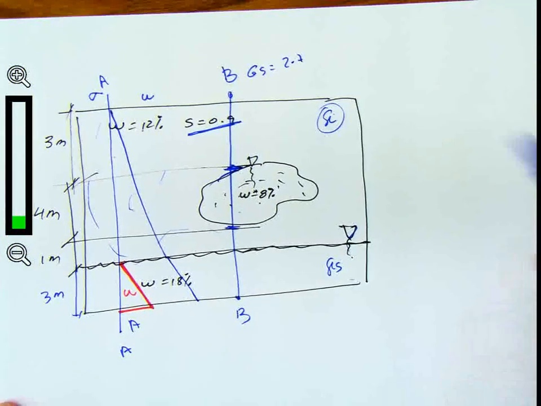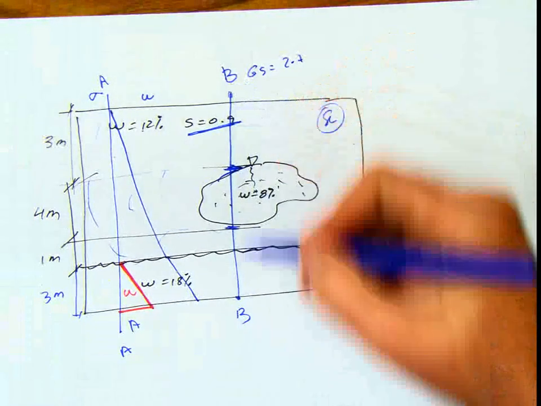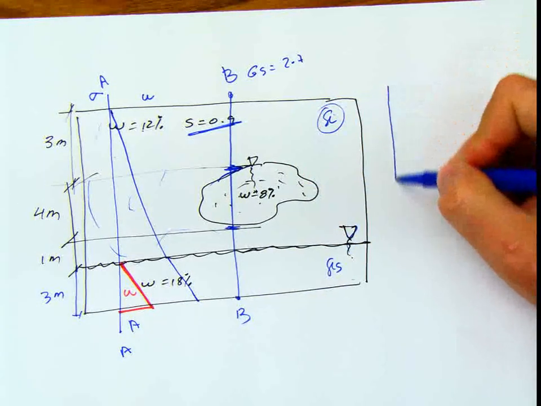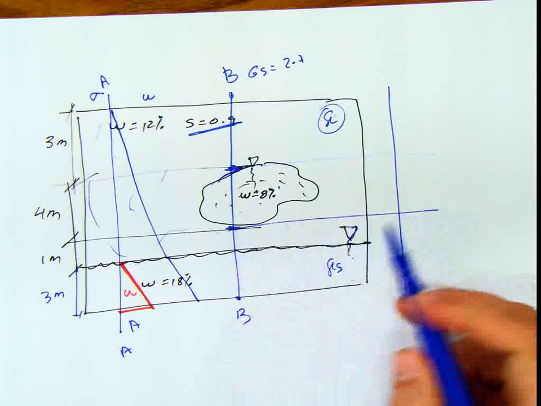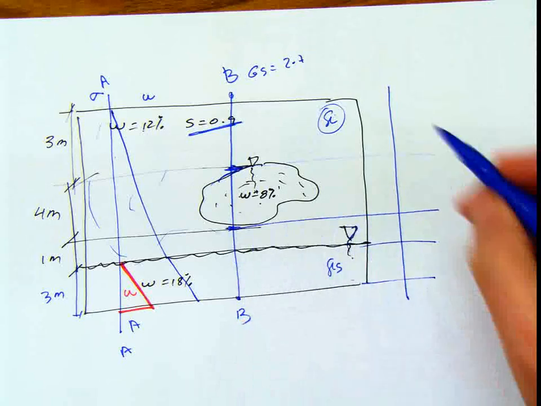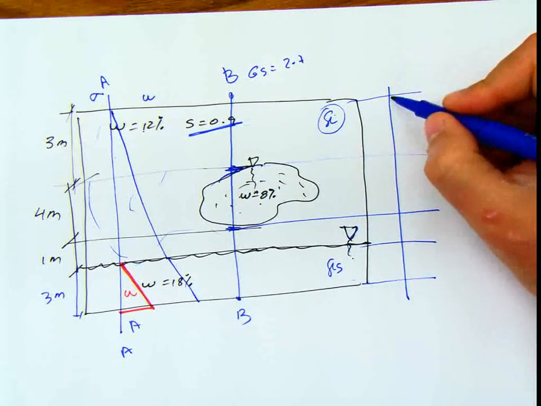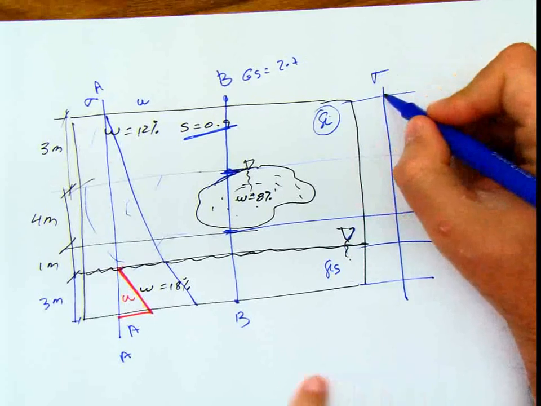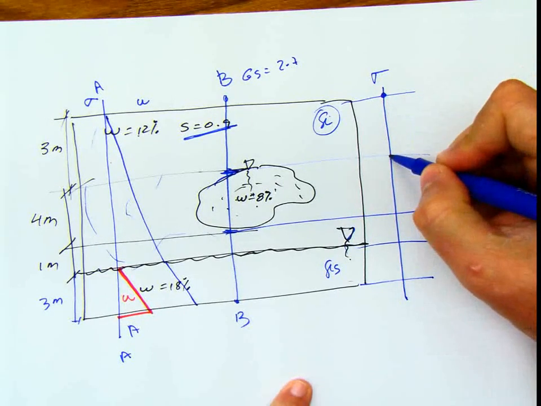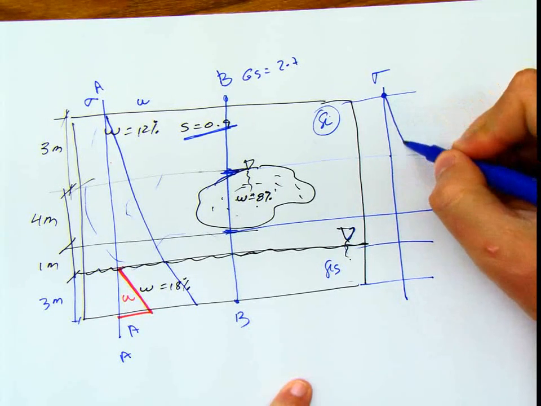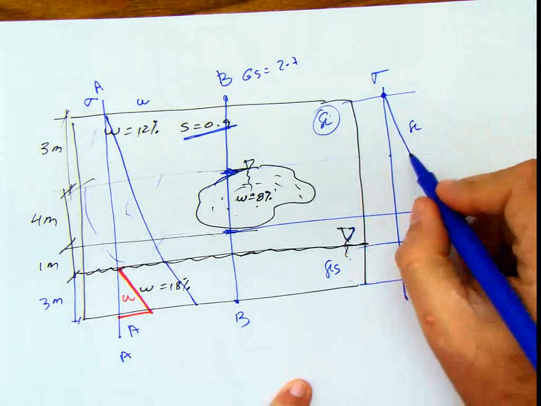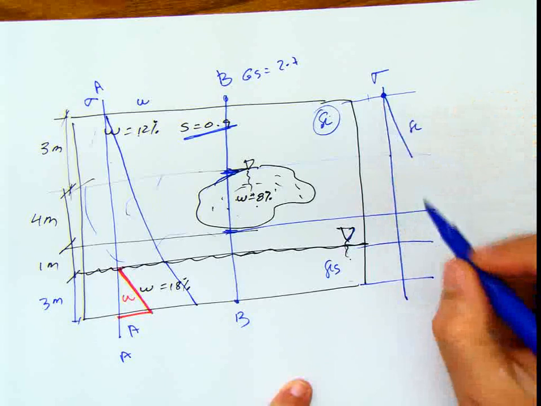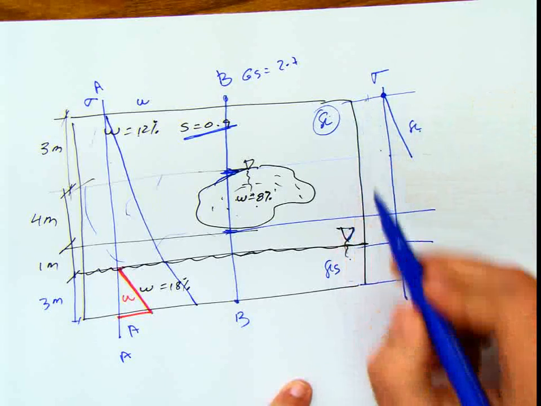If at this section I have to do a total stress, look what is happening. At this point, the total stress, of course, is going to be 0. At this point, I'm going to have this total stress, but I'm using this gamma times these 3 meters.